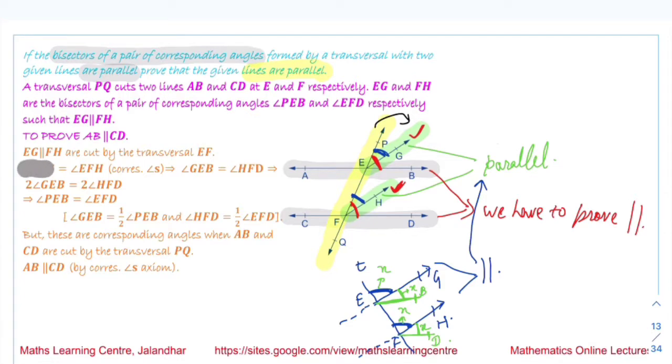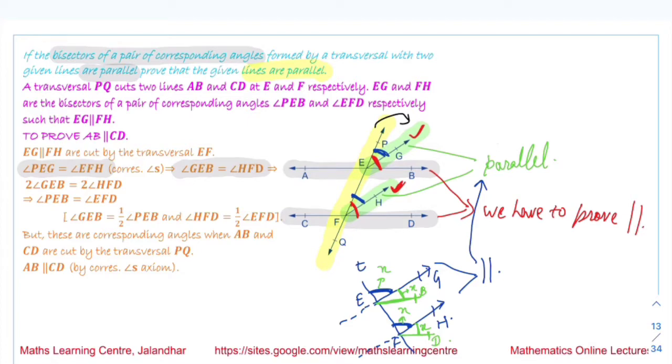So what we get is, we have written over here that angle PEG and EFH, they are equal because they are corresponding angles, and this implies angle GEB and angle FHD are also equal.